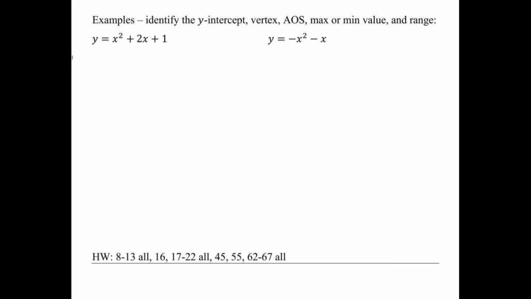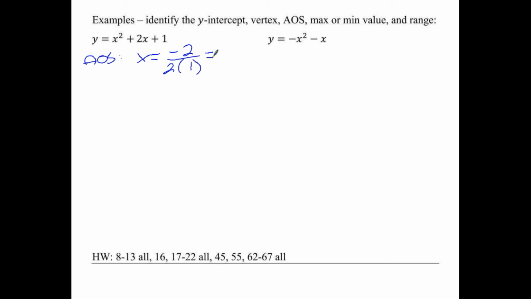So, y equals x squared plus 2x plus 1. What do we do? Axis of symmetry. You could do the y-intercept first if you wanted to, and that's fine. But let's do the axis of symmetry. So I write AOS, x equals what? Negative, and then b is 2 over 2 times a, which is 1.